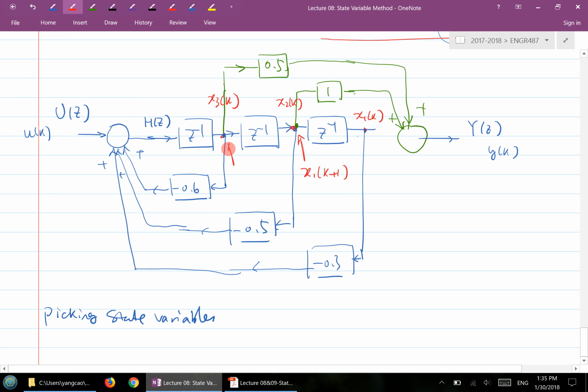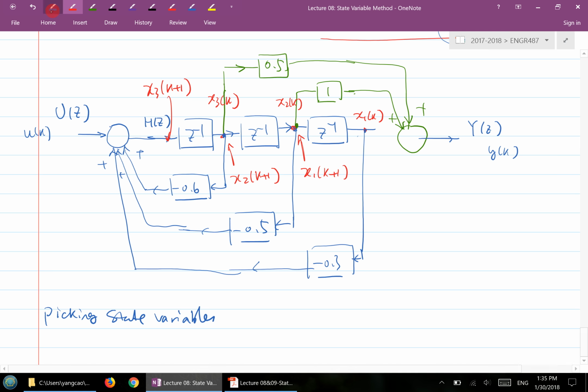The same thing at this location, this is also x2 of k plus 1. Clear? Good. So similarly, before this block at this location, this is x3 of k, so at this location this is basically x3 of k plus 1.